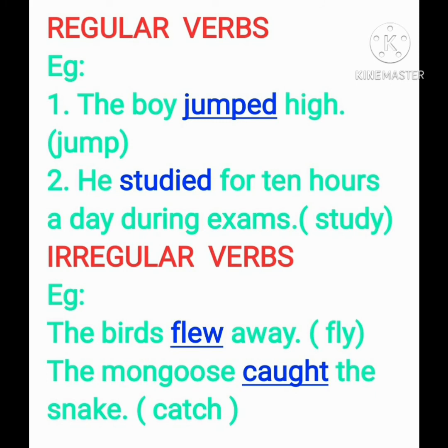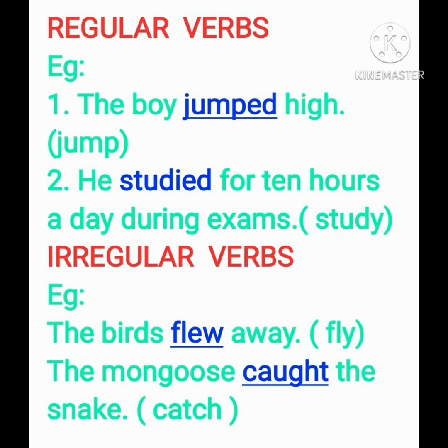Here, the root form of the verb is study. This verb ends with y and the second last letter is a consonant. Therefore, as per the rule, y is replaced with i and ed is added to it to take it to the simple past form.